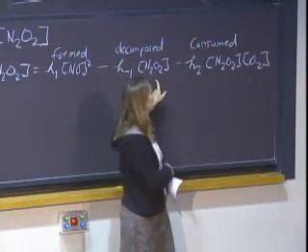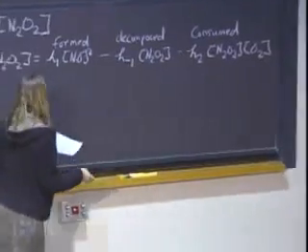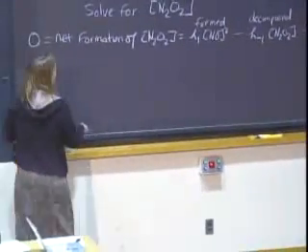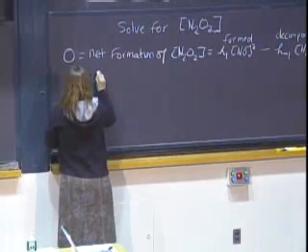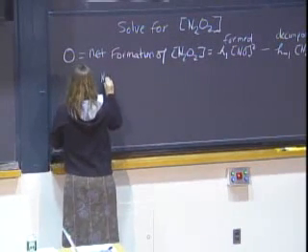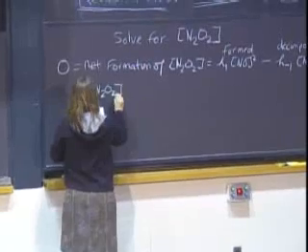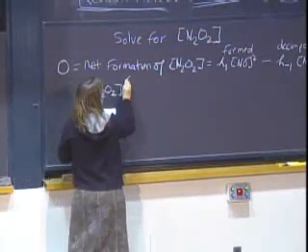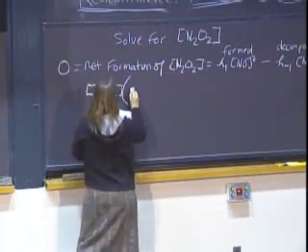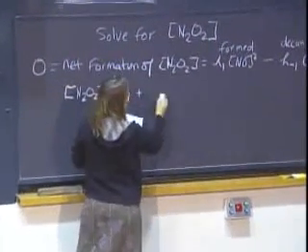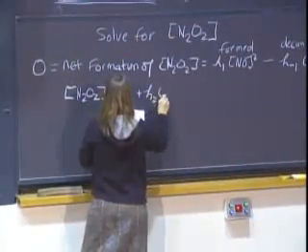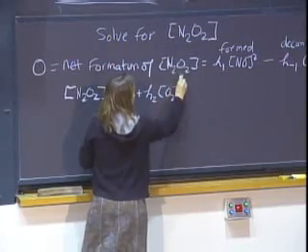So if we rearrange this, then we get that the concentration of our intermediate, you pull it out from those terms, so that leaves K minus 1 plus the other term, K2 times O2.